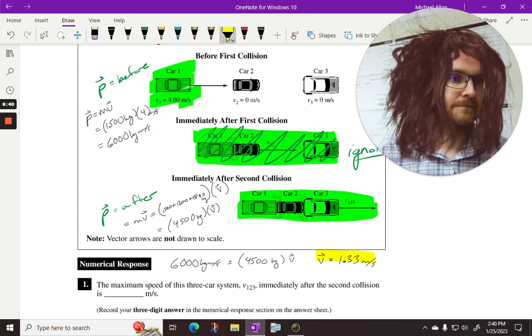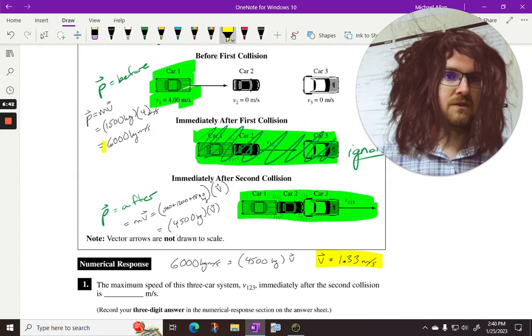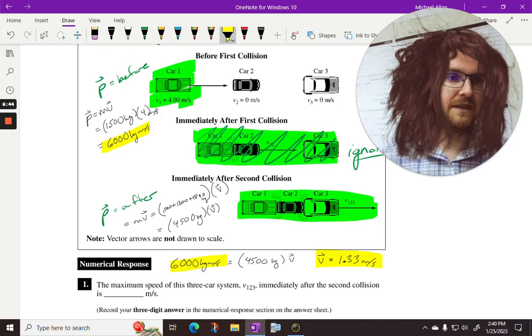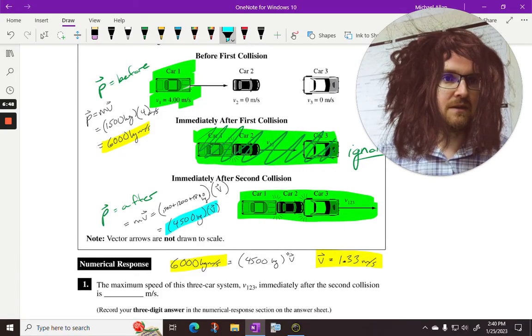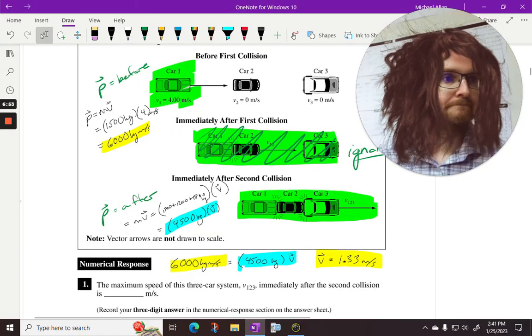Cool. So that 6,000 we're using here, right? And then this part of the calculation here is over here. And we know they just have to be equal to each other. Cool.